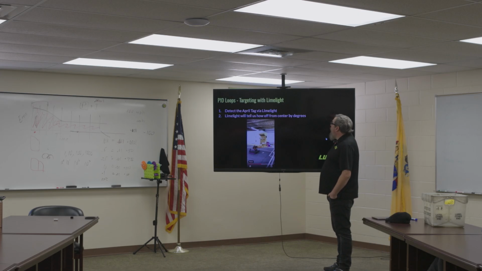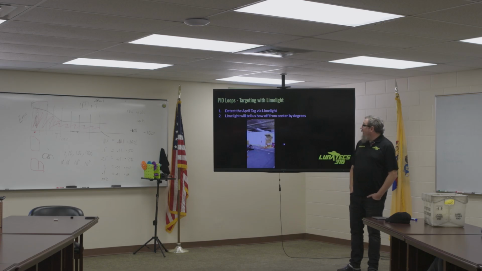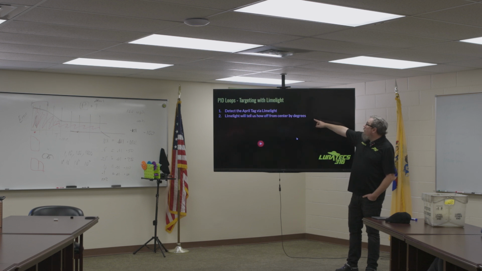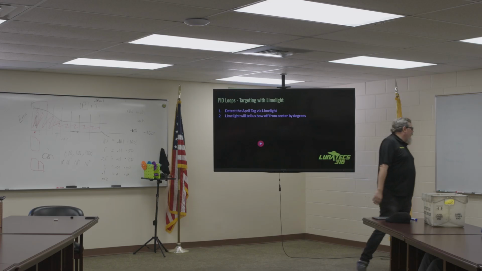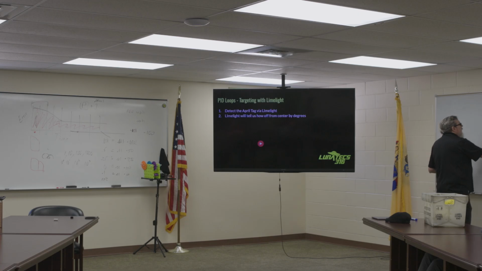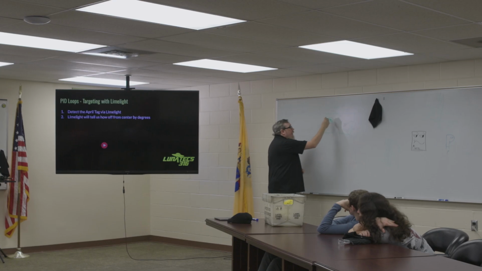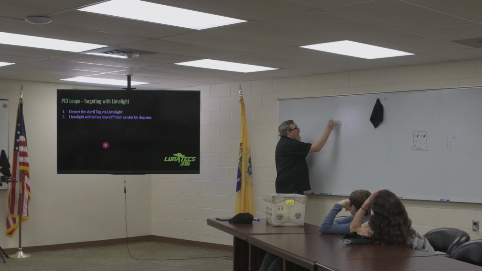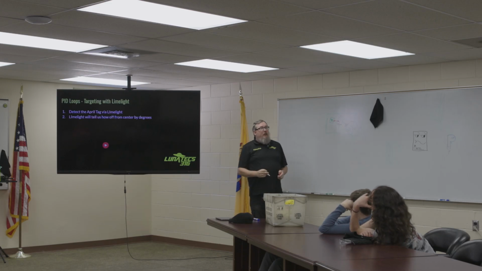So we use PID loops in a lot of different things. One of the things that we will use it for is we will use the Limelight to do targeting. Okay, and we will target a detected AprilTag on the Limelight. So for example, if this is my field of view on the camera and I see an AprilTag over here, and this is center where I want it, the Limelight will tell me how far off center it is.